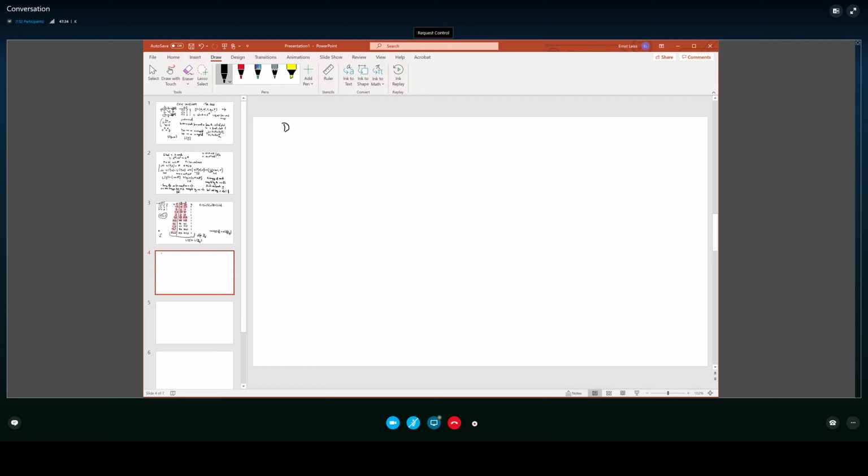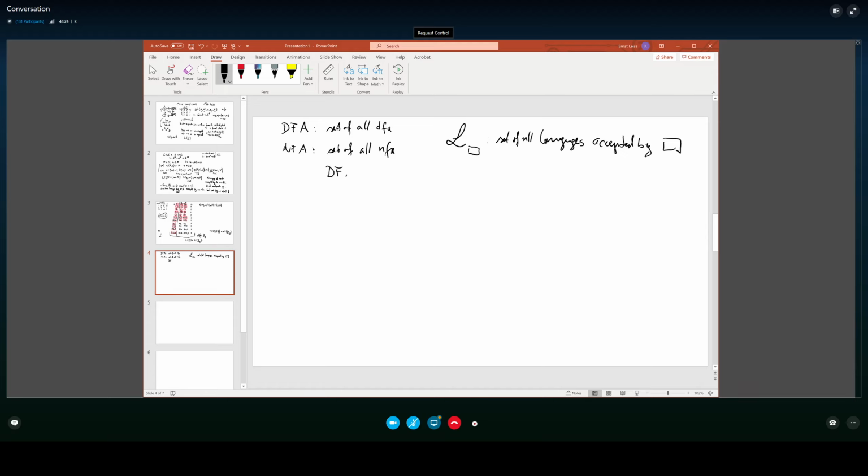So if you say DFA, set of all deterministic finite automata, and NFA, set of all non-deterministic finite automata, and L sub something is the set of all languages accepted by whatever we have here, then we can state two things.